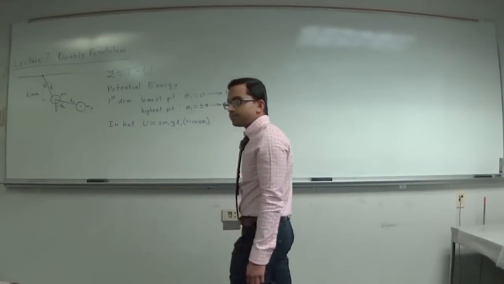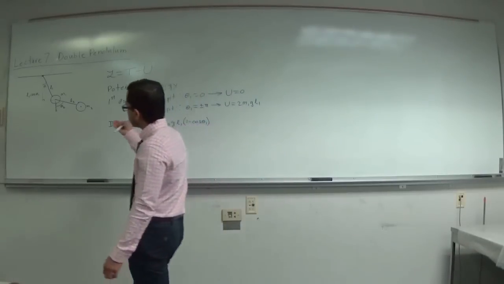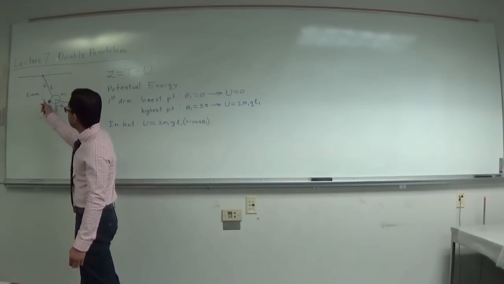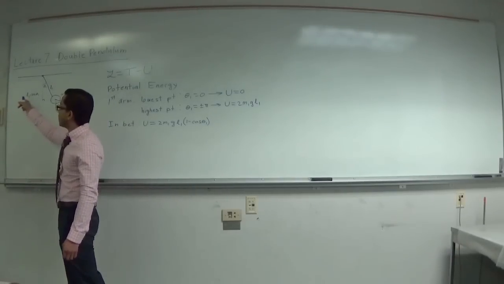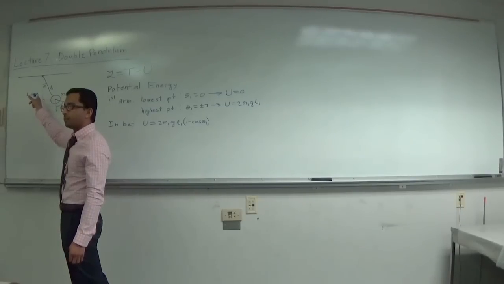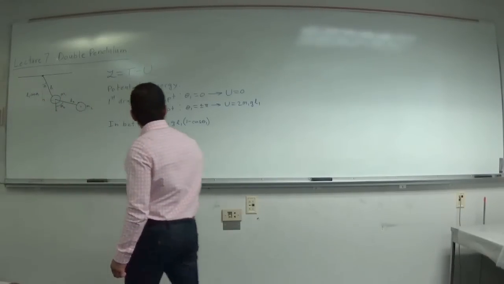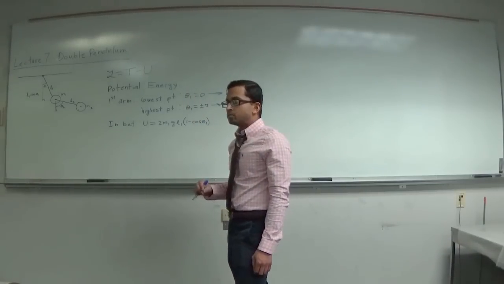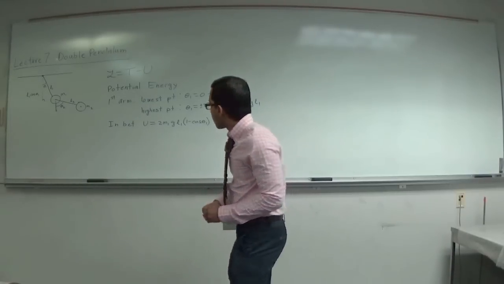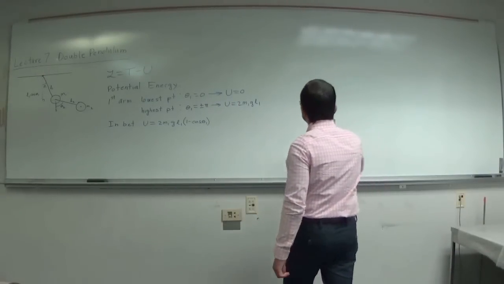At the bottom, it's 0, and then the amount that it moves up is going to be L1 minus L1 cosine theta 1. So that's what we get for the potential energy of the first one. The second one is a bit trickier, though.